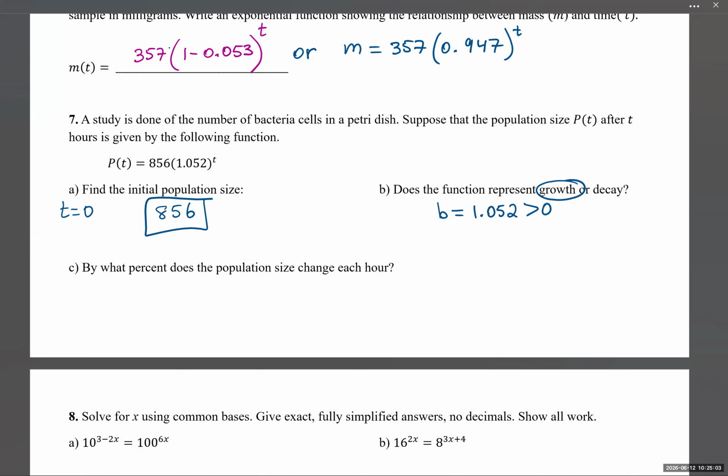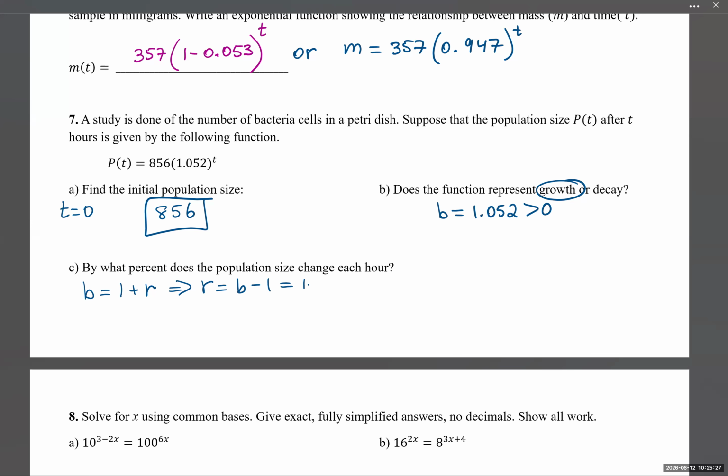By what percent does the population size change each hour? Well, since it is a growth problem, b would be 1 plus r. The percent shows that it is the rate we're looking for. So let's rearrange this equation for the rate. r equals b minus 1.